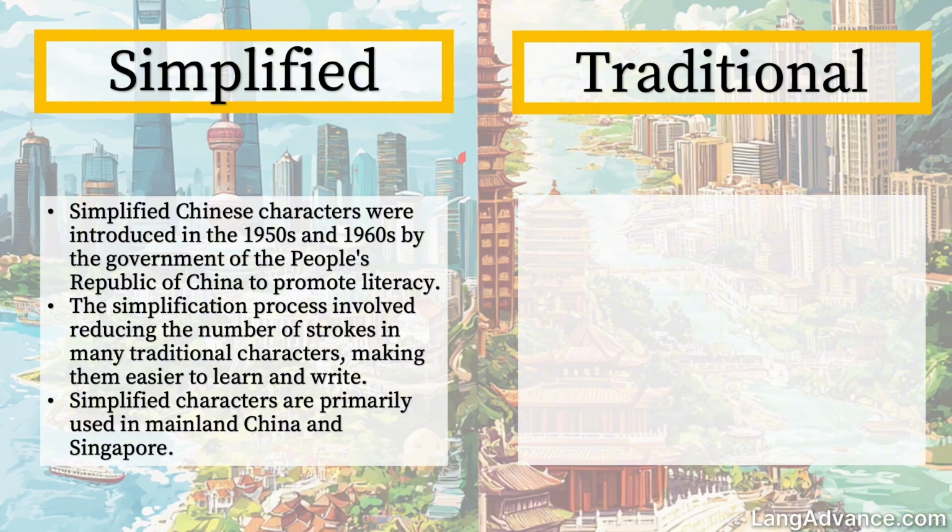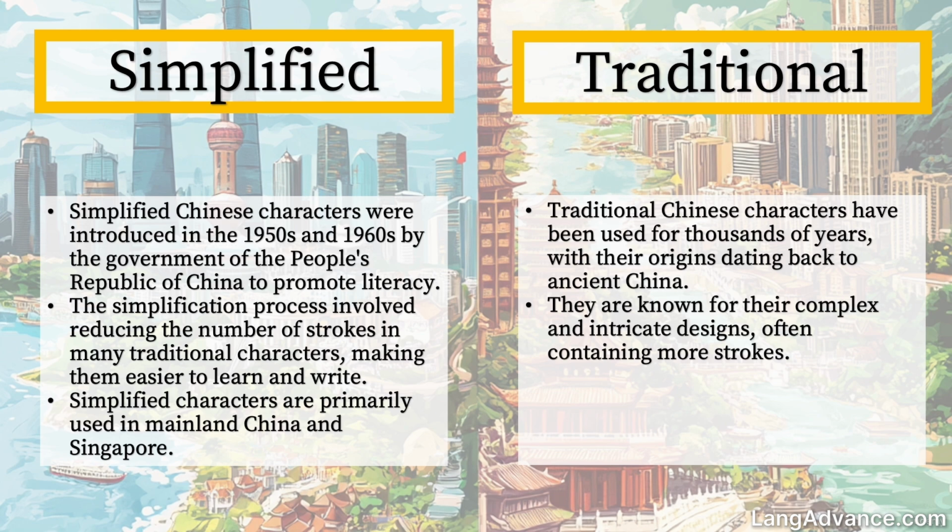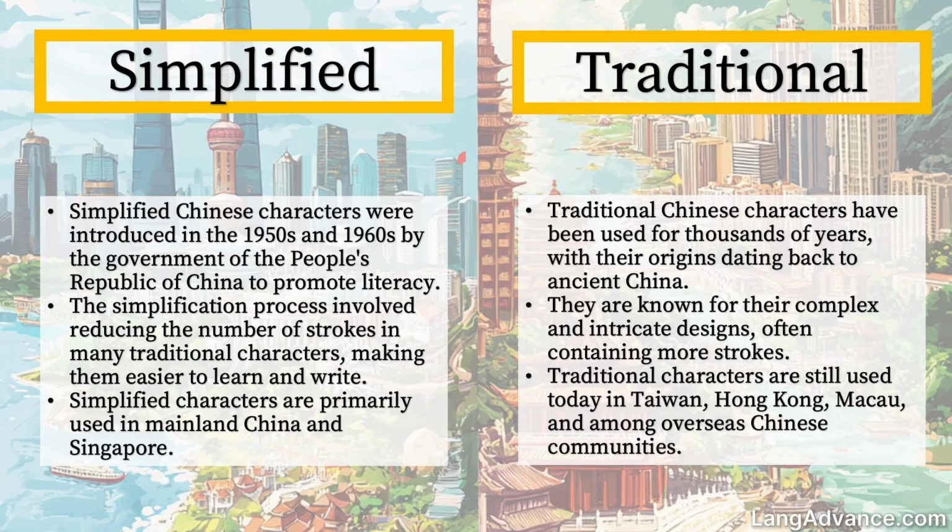On the other hand, traditional Chinese retains the original, more complex characters that have been used for centuries. This form is still being used in Taiwan, Hong Kong, Macau, and among many overseas Chinese communities. So, understanding the difference between these two forms is crucial for navigating written Chinese, especially if you plan to travel, live, or do business in different Chinese-speaking regions.